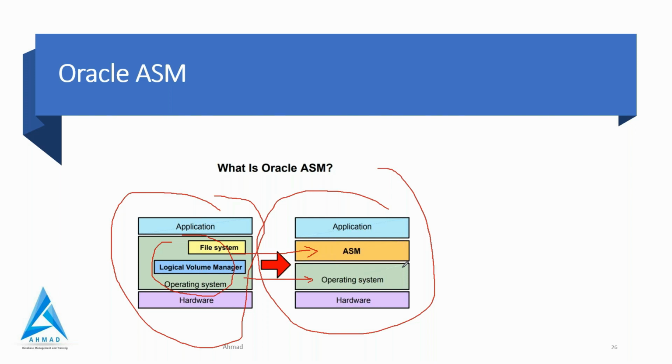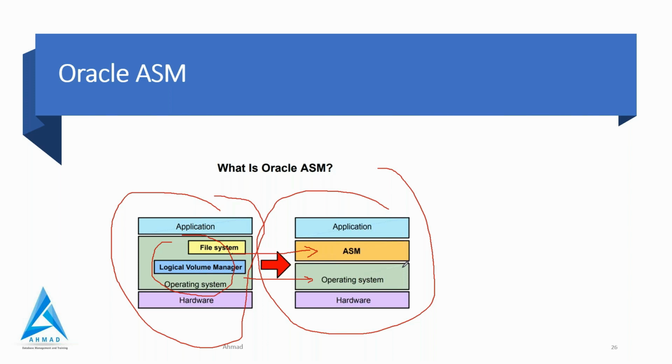And why are we doing this? Because combining volume management function with a file system allows a level of integration and efficiency that you cannot get from any other method.